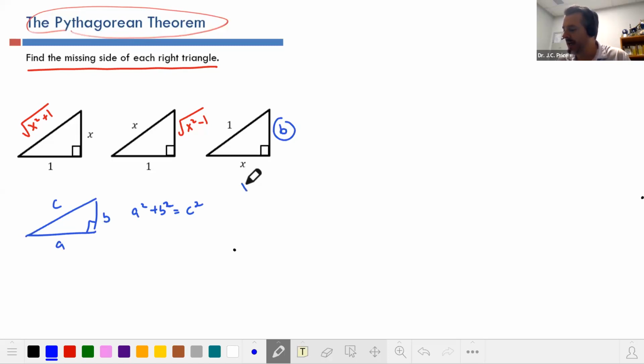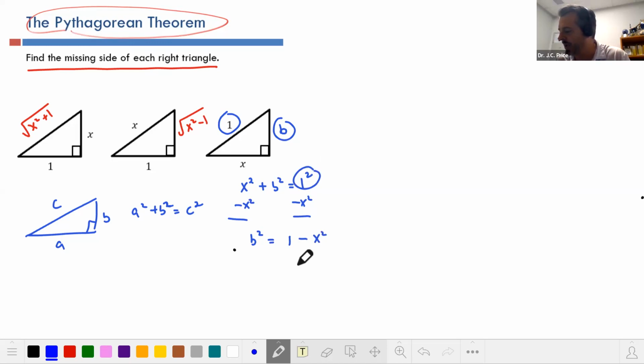So I know that x squared plus b squared is equal to my hypotenuse, which is the number 1, squared. And so then I know that b squared, so I'll subtract x squared from both sides, is actually equal to 1 minus x squared, right?